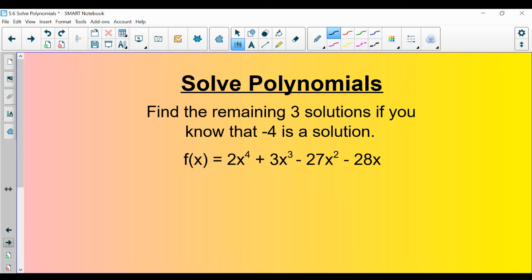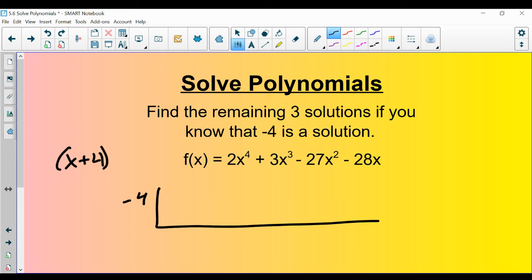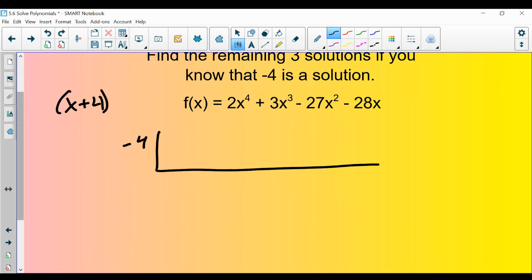Because if -4 is a solution, that tells me that x plus 4 is the factor that goes with that solution, right? Because -4 makes this 0. So it's like I'm dividing by x plus 4. Well, when you use synthetic division with x plus 4, what goes on the outside? -4, right? So I can go ahead and use synthetic division with -4 right now.